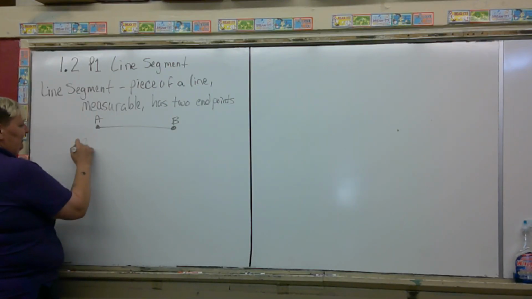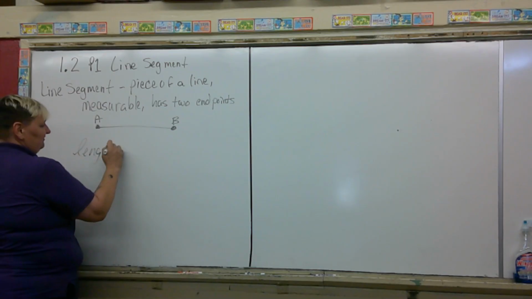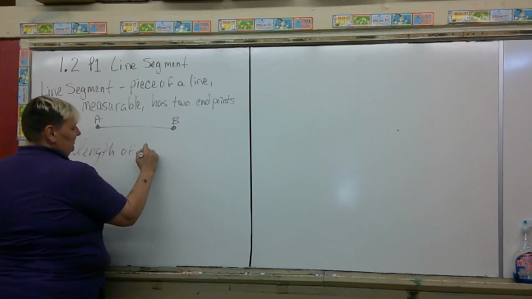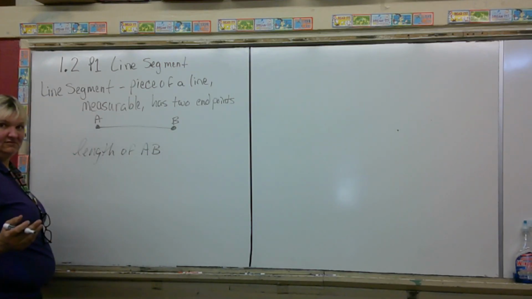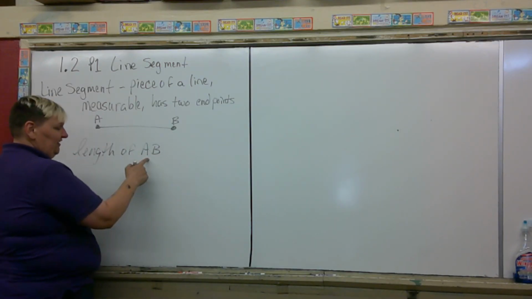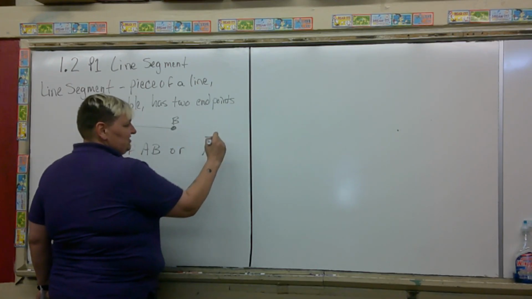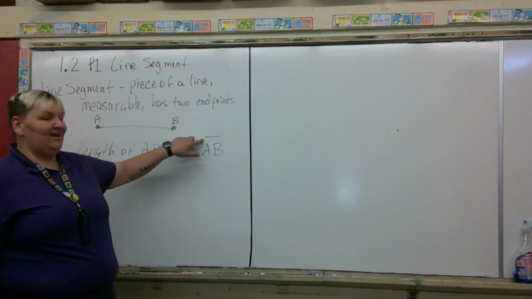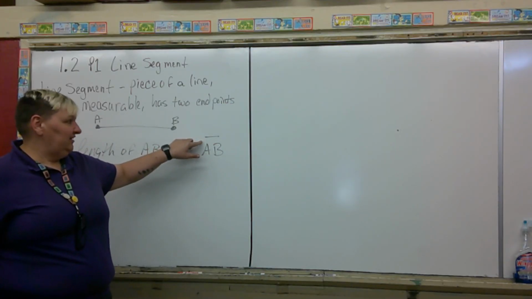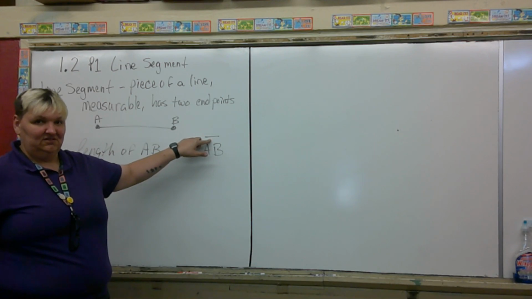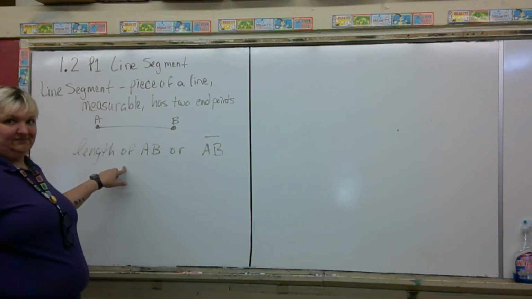You could say length of AB, or you can just put AB with a segment on top. It doesn't have arrows. It's not a line. It's just a segment. Right? You can write it either way.